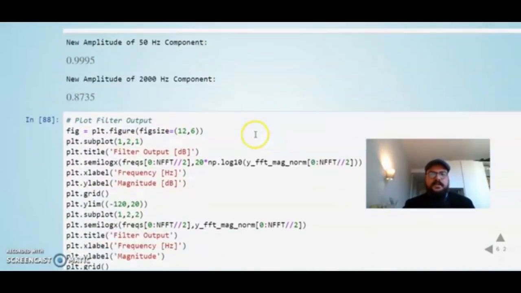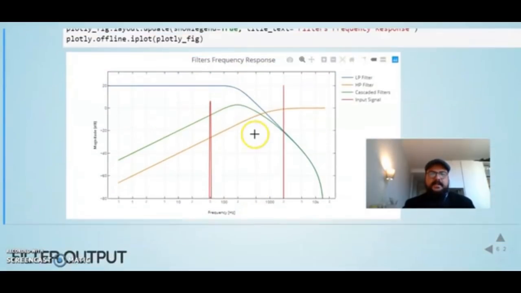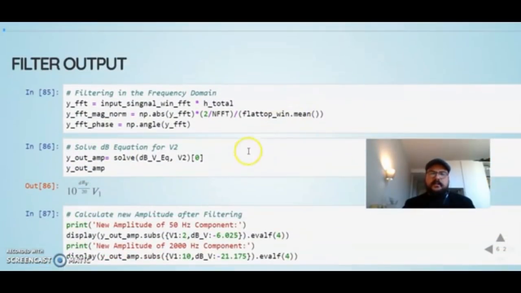So we've seen that when we cascade two systems, in dB we add the attenuations or gains, and that a ratio of 2 in voltage is 6 dB. That is, we're doubling the amplitude, and if we have a 10 times ratio, we have 20 dB.